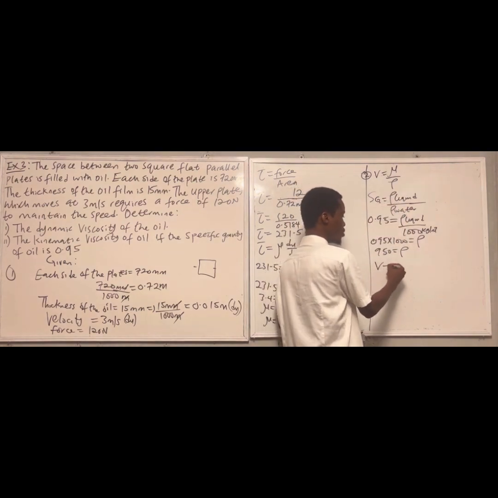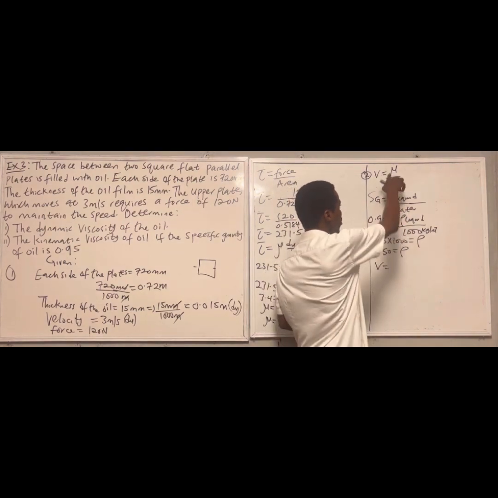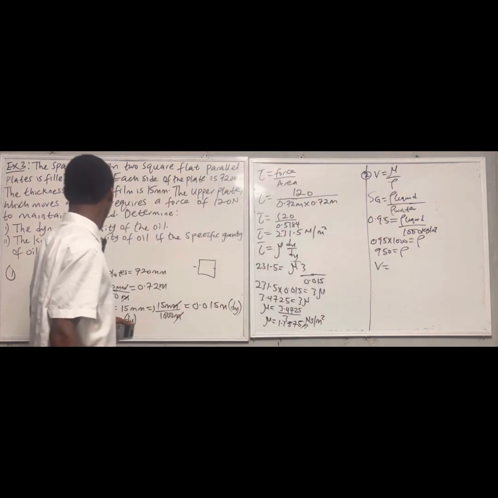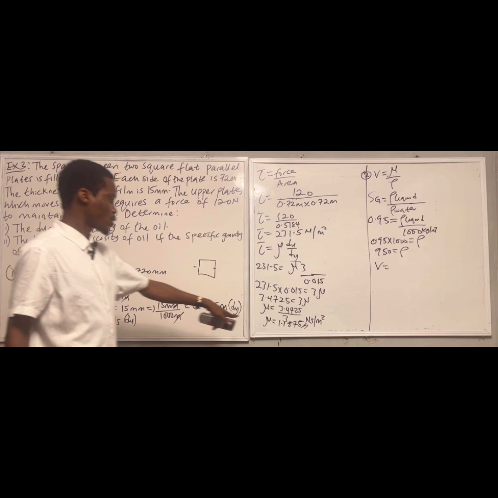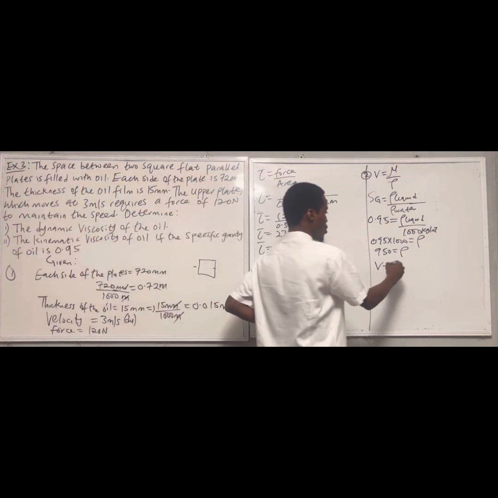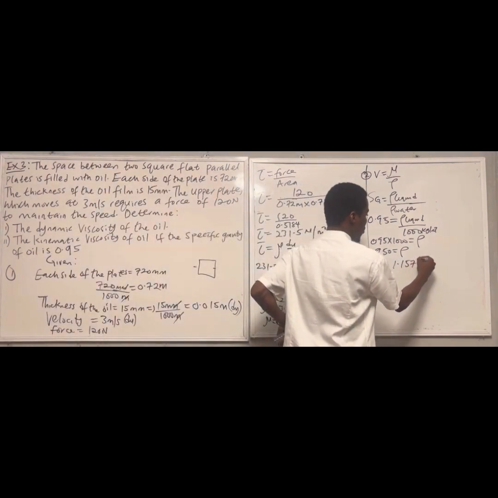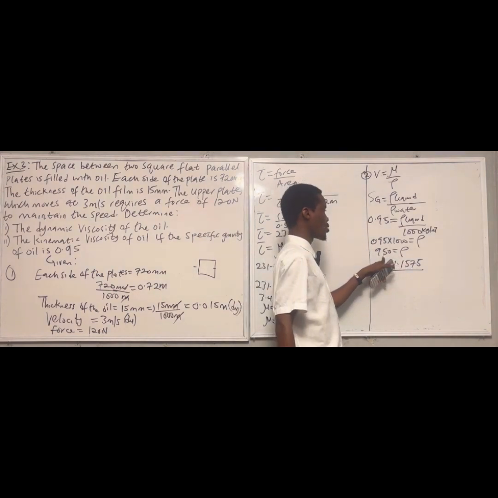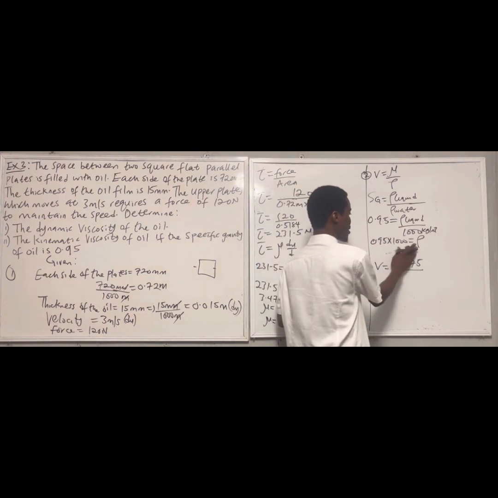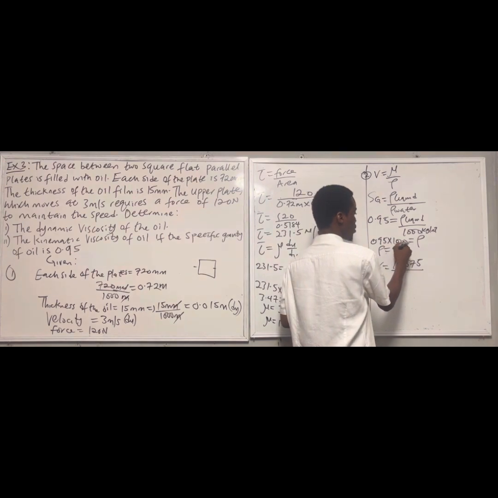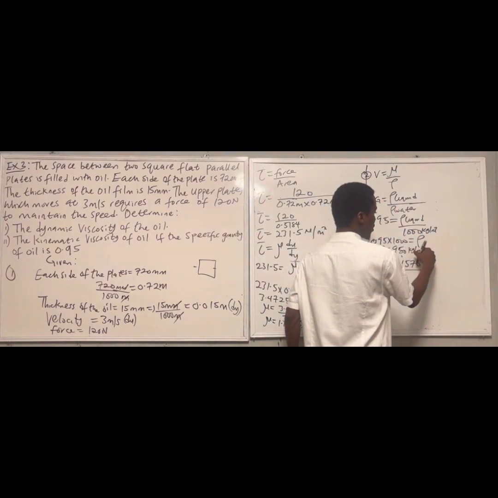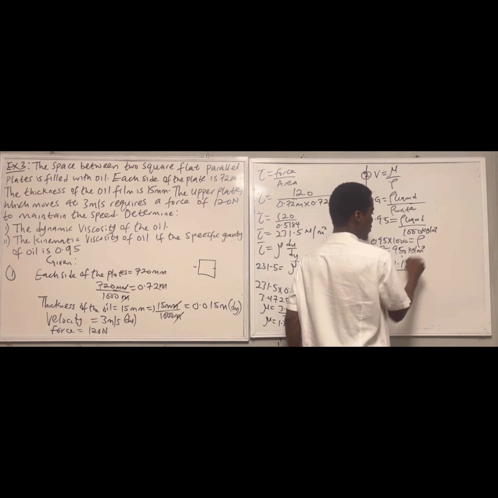Since I've gotten the density of the oil, I can easily apply my formula. V, the kinematic viscosity, is mu, the dynamic viscosity, which is 1.1575, all over my density, 950 kilogram per meter cube.